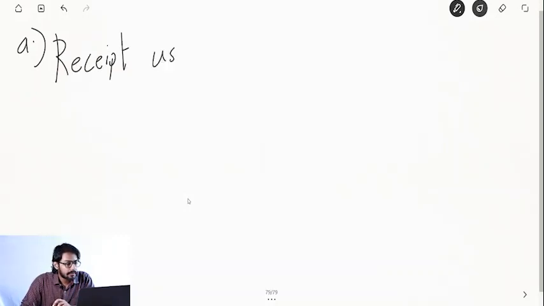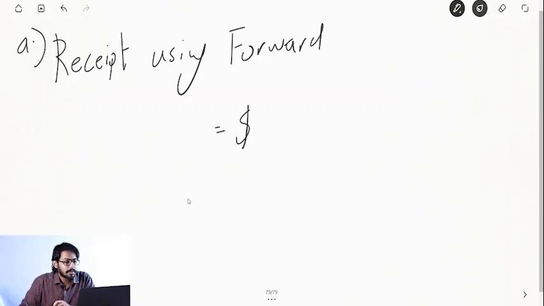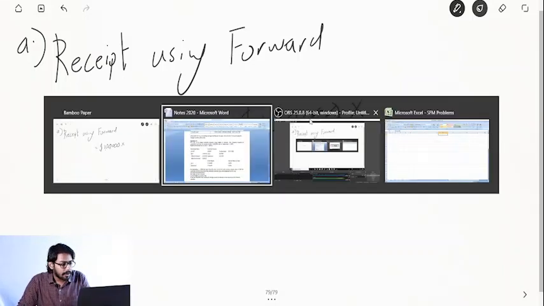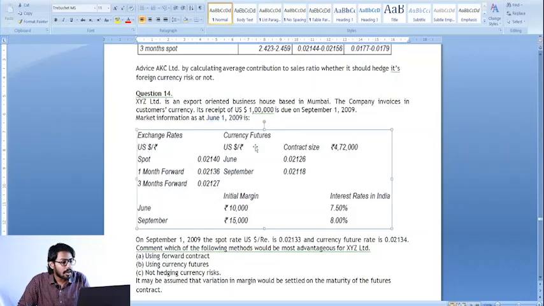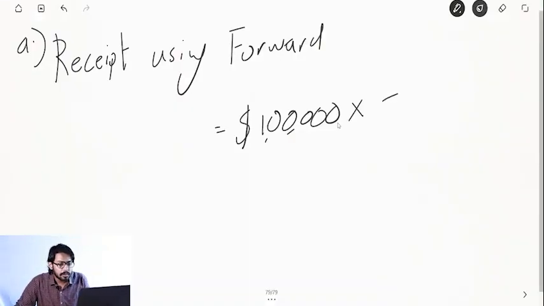So you can say receipt using forward is equal to $1 lakh into, guys, what is the quotation? It is dollar by rupee. So into dollar by rupee doesn't work, dollar and dollar will become dollar squared. That doesn't work.